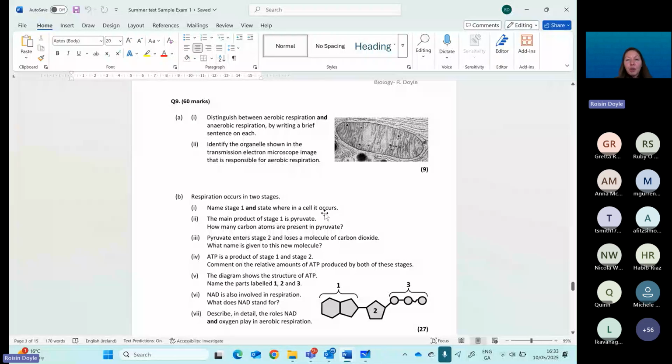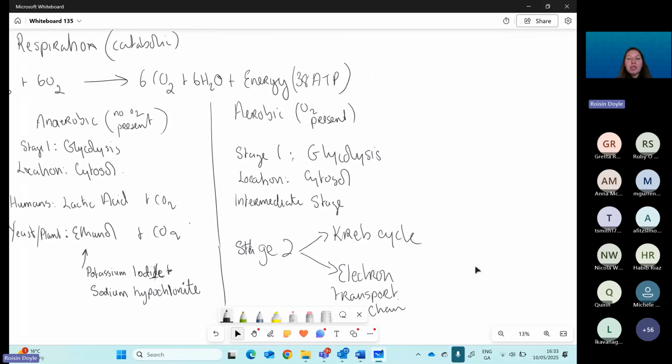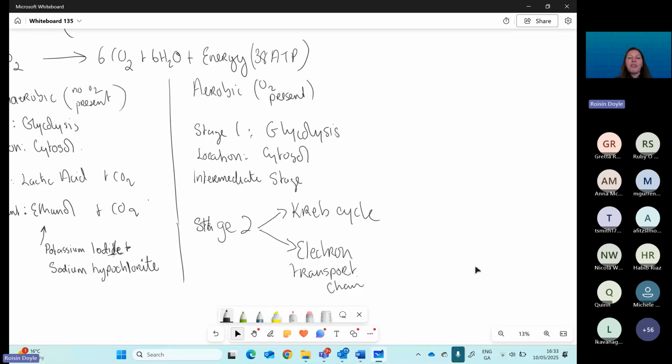So you do need to be able to recognize an image of where the intermediate and where stage 2 occurs. The last thing I'm going to do with you now is identify for you the products of each of these stages. And then for the last 10 minutes, I'm going to throw it out to the floor, and let's see if I can answer any additional questions.